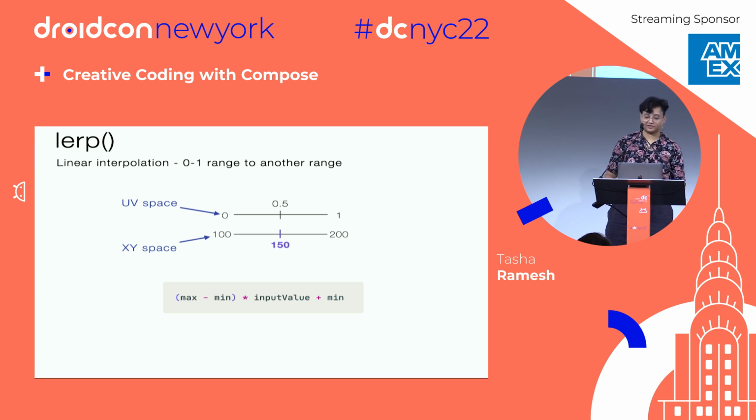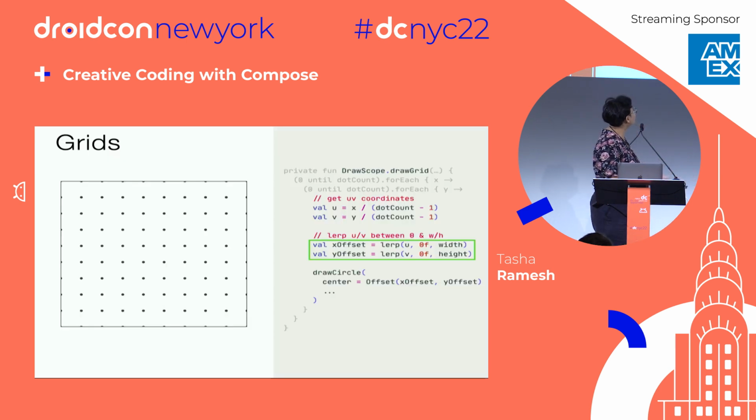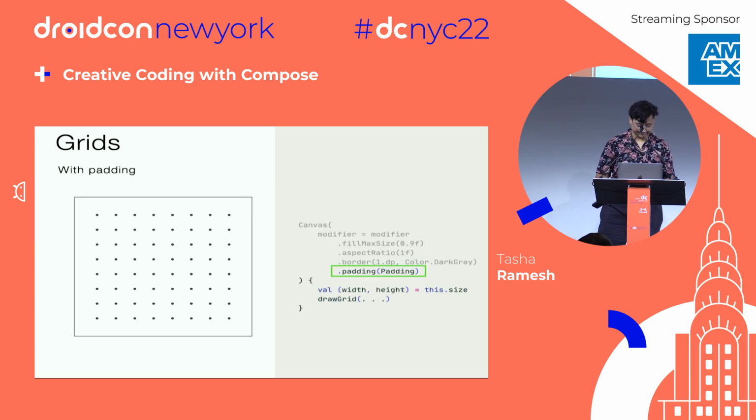We can use this to convert our dots from the UV space to the XY space. So if we start using LERP here, we can start to layer points across the grid. What we're doing is taking the U and the V and LERPing them between 0 and the width and the height. Width for the X, height for the Y. This enables us to translate those UV coordinates into XY coordinates.